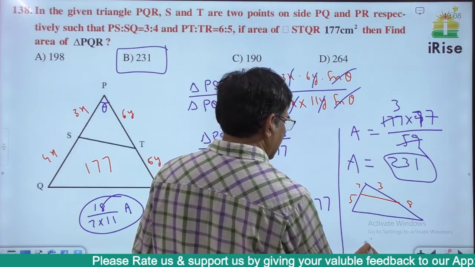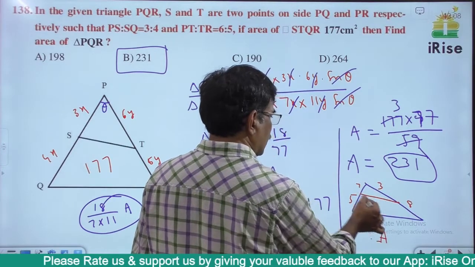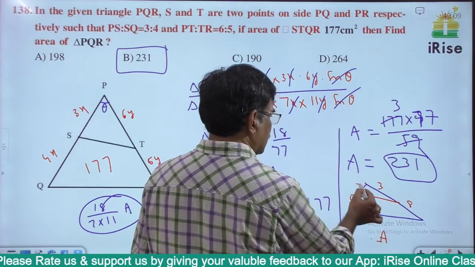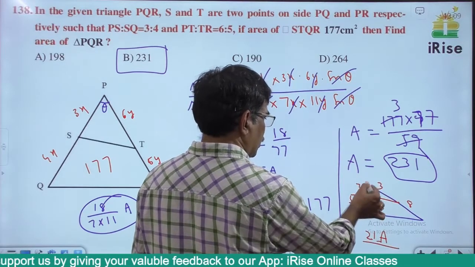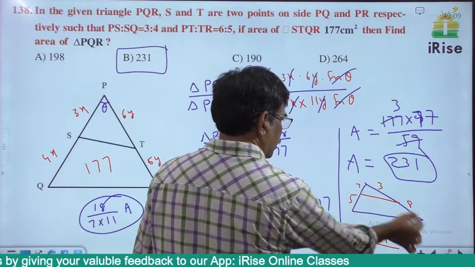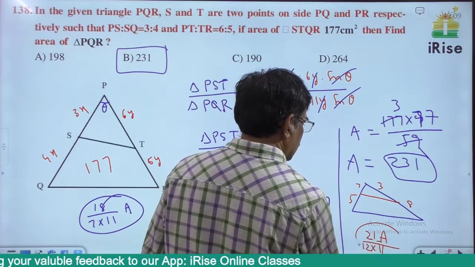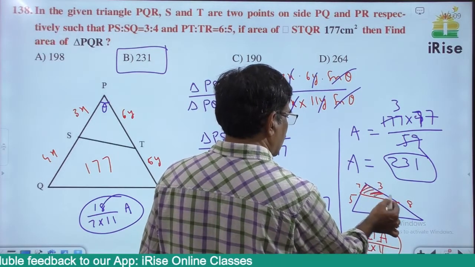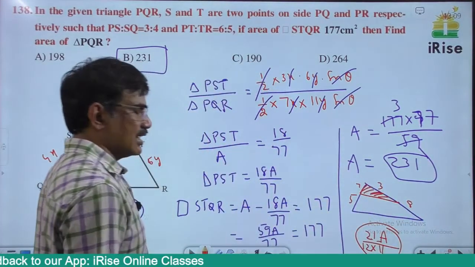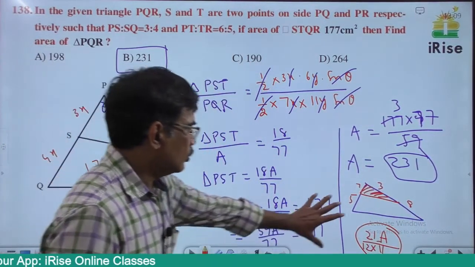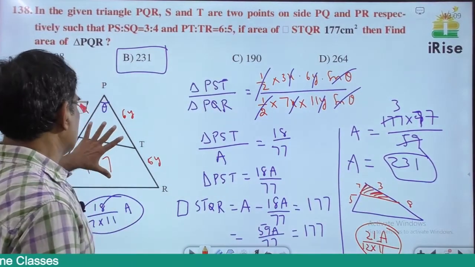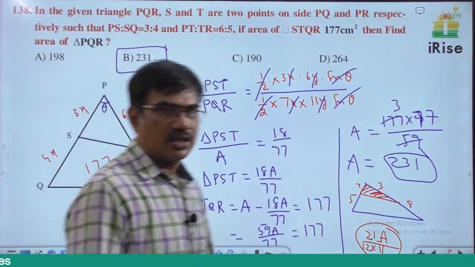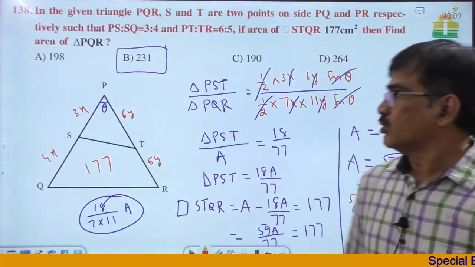If the total area is A, then what is the area of this part? 7 into 3, 21 by total 12 into 11. This is the area of this part. Total area is capital A. I want to use this concept for other problems if any question is given like this. Okay, so this is about this question.